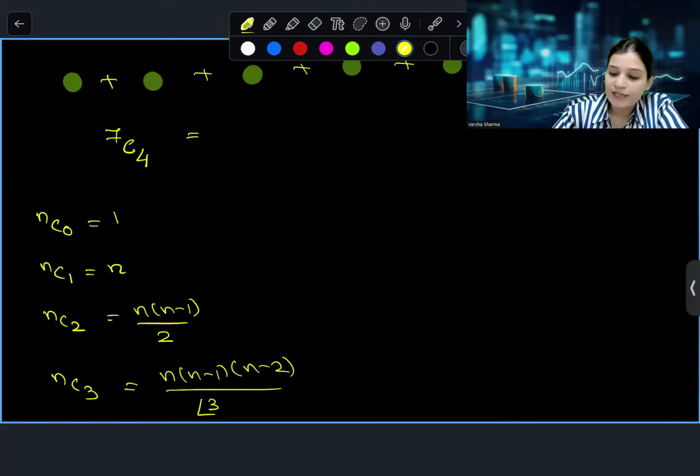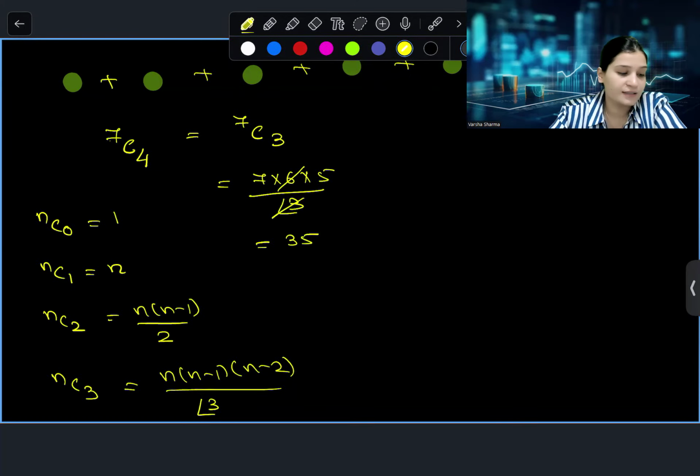Now 7C4 can be written as 7C(7 minus 4), which is 7C3. And 7C3 is 7 into 6 into 5 by factorial 3, which gets cancelled. So 35 is the answer. Clear? Guys, clear? Yes, ma'am. Any doubts?